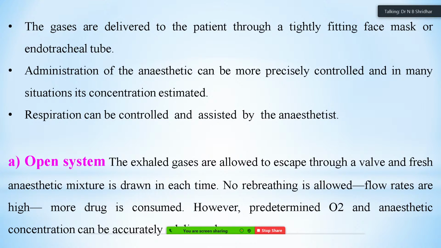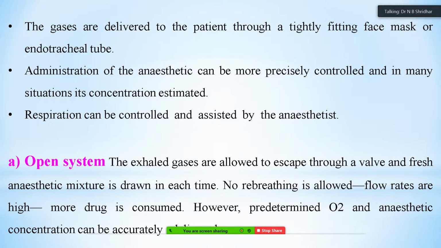Respiration can be controlled and assisted, because the machine is handling everything: we can control respiration using oxygen, and the machine will monitor the quantity of anesthetic agent to be infused.